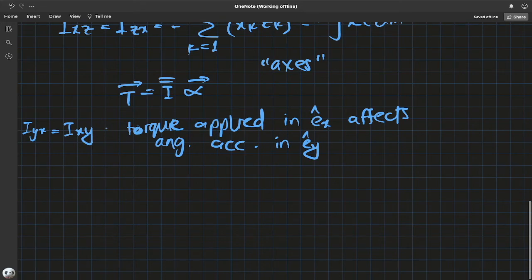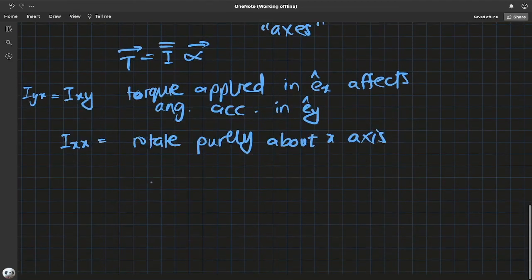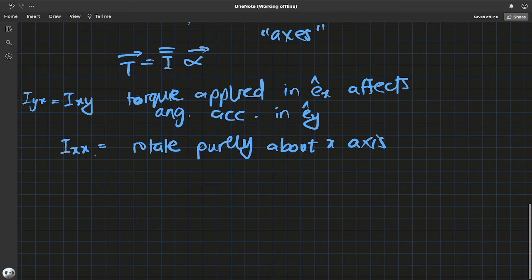These are basically the product moments of inertia, because Ixx is basically the sluggishness to rotate purely about the x-axis. So you apply a torque in the x, and it also causes angular acceleration in the x.